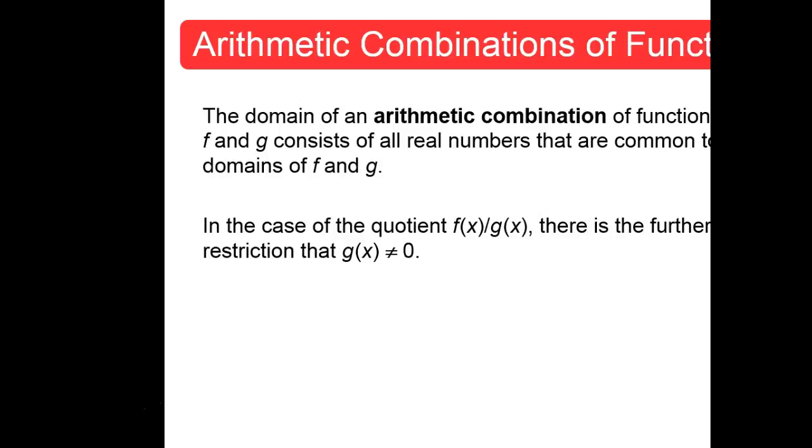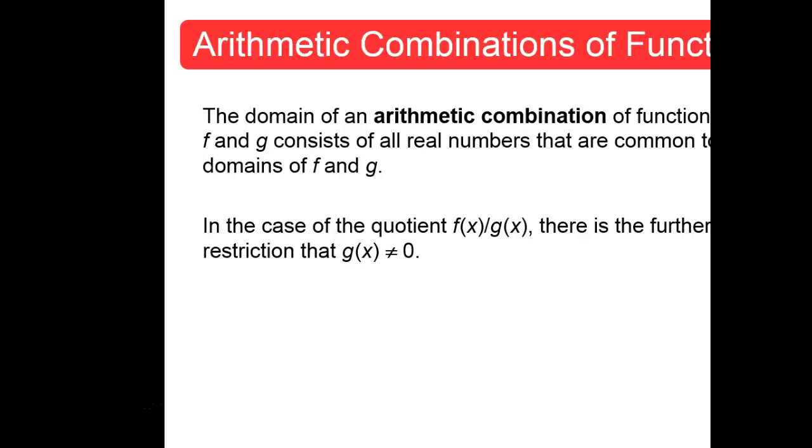The domain of an arithmetic combination of functions f and g consists of all real numbers that are common to the domains of f and g. Let's say f was defined from negative infinity up to 4, and g was defined from negative 1 to positive infinity.